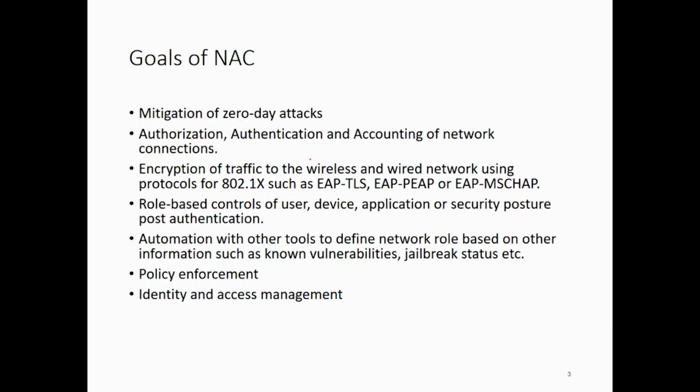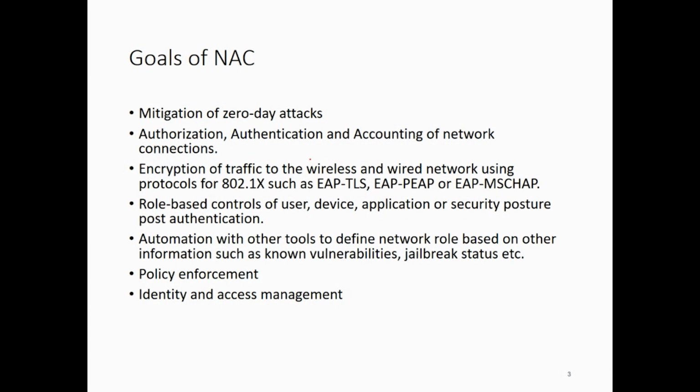So we can use network access control to support the intrusion detection system, and also to identify malicious users who can be intruders. And sometimes, having more than one security solution in the network, they support each other.